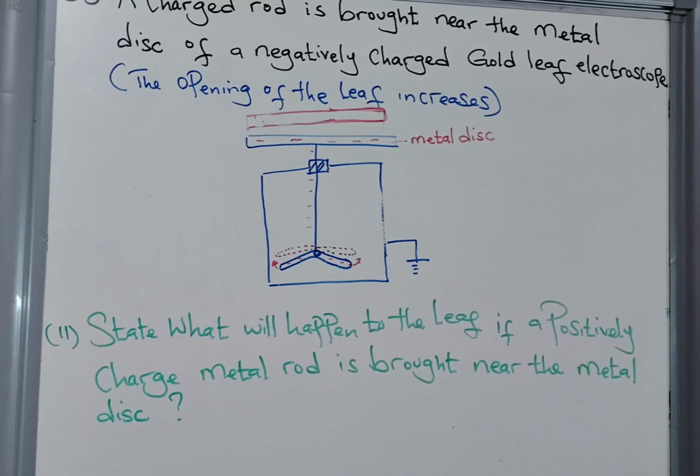Then we come to this one. It says, state what will happen to the leaf if a positively charged metal rod is brought near the metal disc. What will happen to the leaf? Okay, the repulsion of the leaves will decrease. In other words, the leaves will come closer.